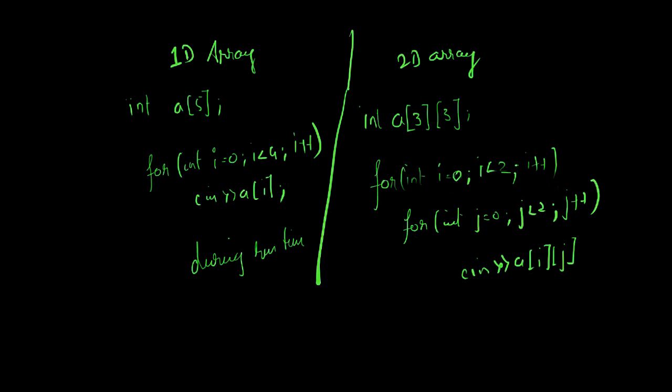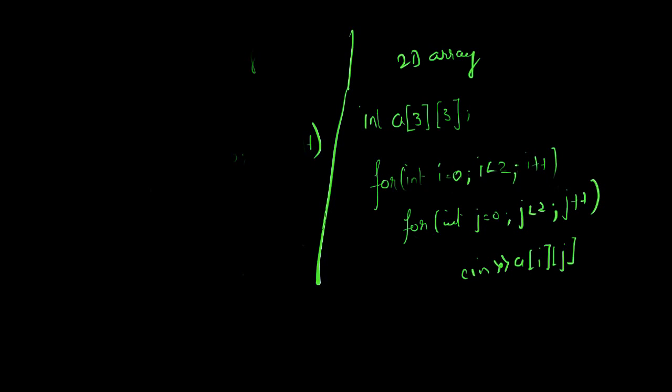The execution of this is very simple, as with a one-dimensional array. When I start executing this loop, the value of I will be 0. So I is equal to 0, and the condition I less than 2 is true.